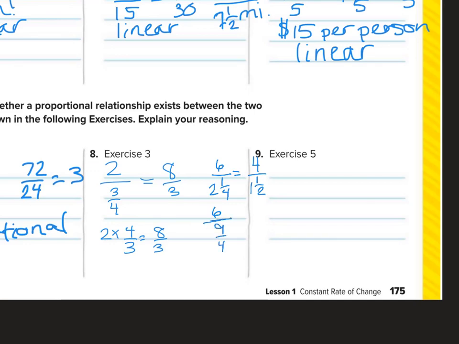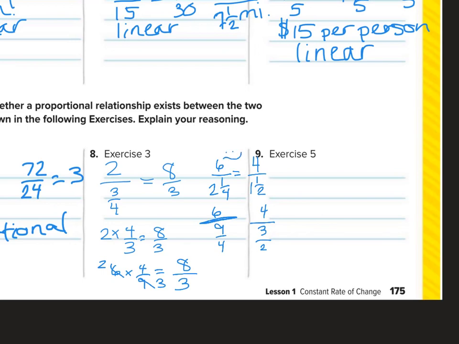So 6 divided by 9 over 4. And then 4 divided by 3 over 2. So 6 divided by 9 over 4 is actually 6 times 4 over 9. And I can reduce: 6 and 9 both have a factor of 3, so I divided them both by 3. 2 times 4 is 8 over 3. That one's also equal.